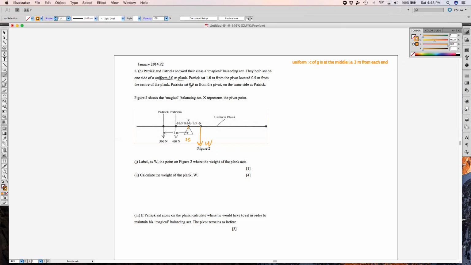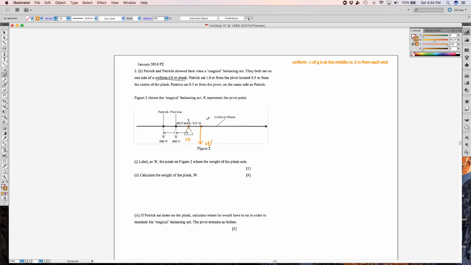Patricia sat 0.5 meter from the pivot. So Patrick was 1 meter away, Patricia was 0.5 meter away. Label a W at the point where the weight of the plank acts. That's 1 mark. Calculate the weight of the plank.